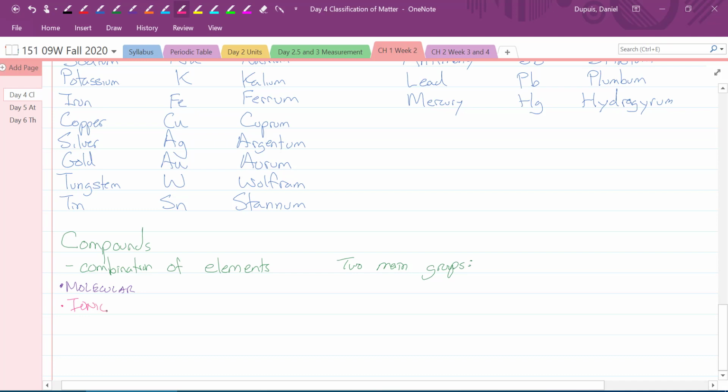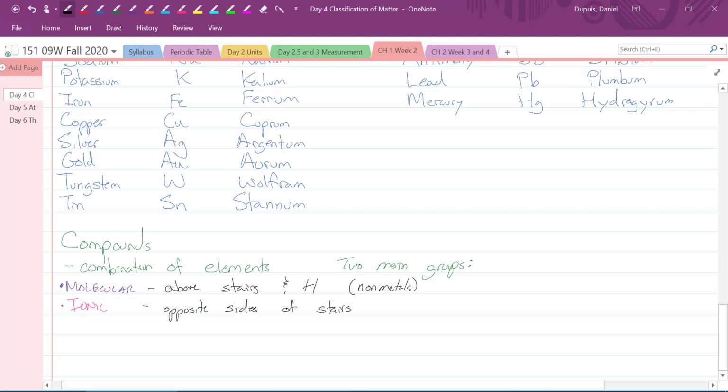Molecular ones are above the stairs and hydrogen, nonmetals. Ionic would be opposite sides of the stairs. What are the stairs?